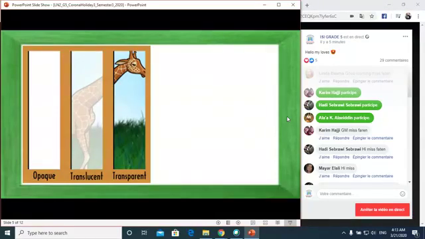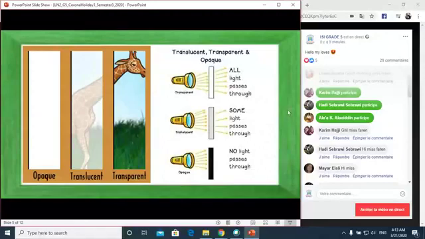Okay, according to the way they show things behind them, how the light ray travels through them or not, objects are classified into three types: opaque objects, translucent objects, and transparent objects. Opaque objects block light rays from traveling through them. Yani they do not let light pass through them. Opaque. Okay, we cannot see anything behind an opaque object.